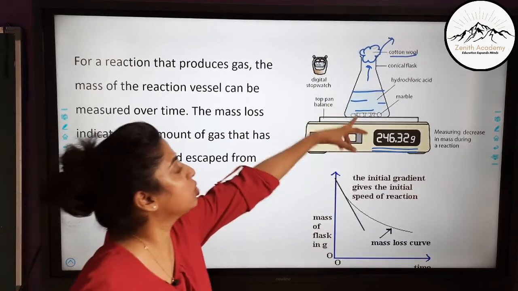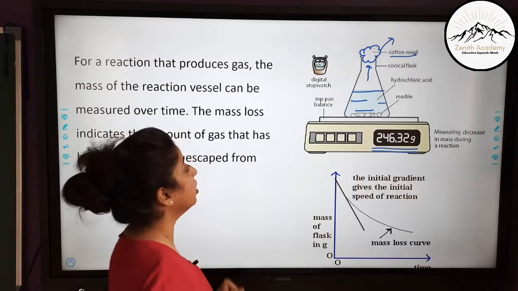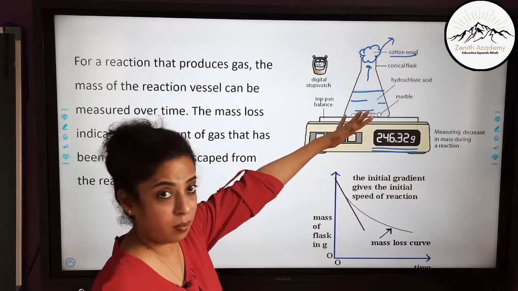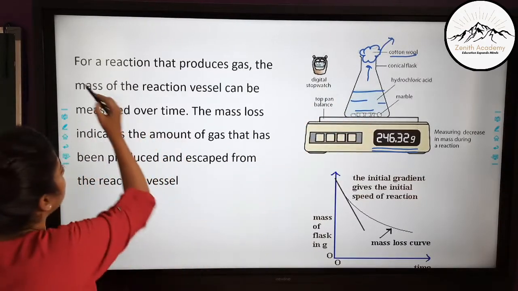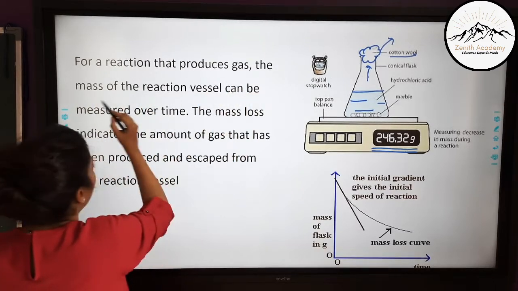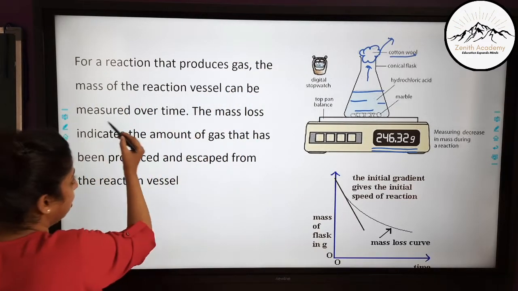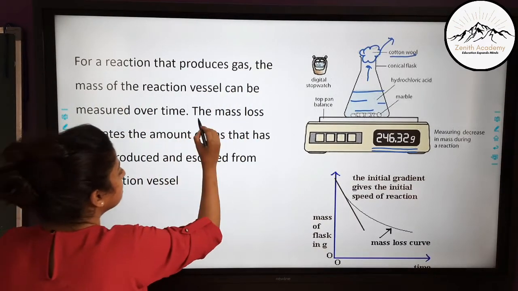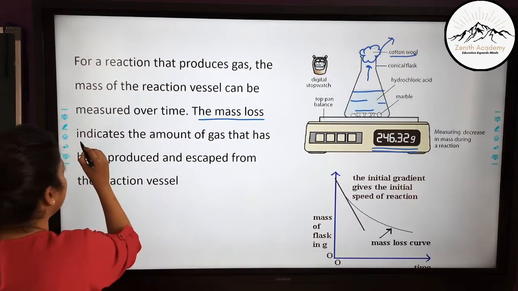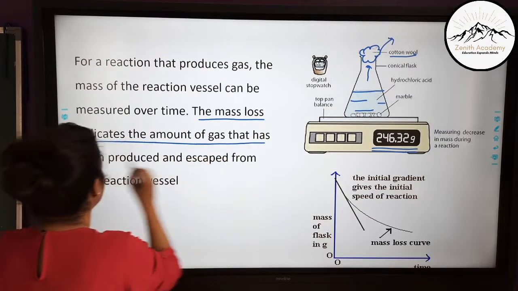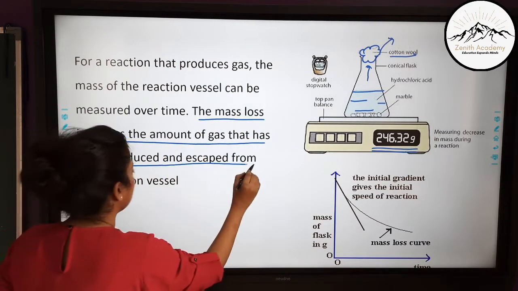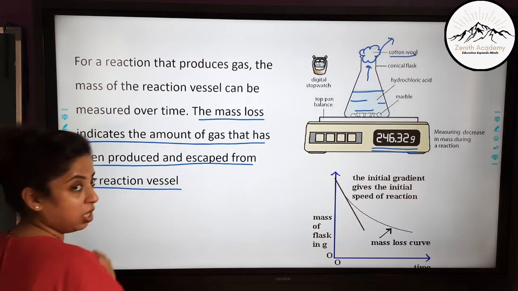So by this, what are we measuring? We are measuring the loss in mass. So for a reaction that produces gas, the mass of the reaction vessel can be measured over time. The mass loss indicates the amount of gas that has been produced and escaped from the reaction vessel.